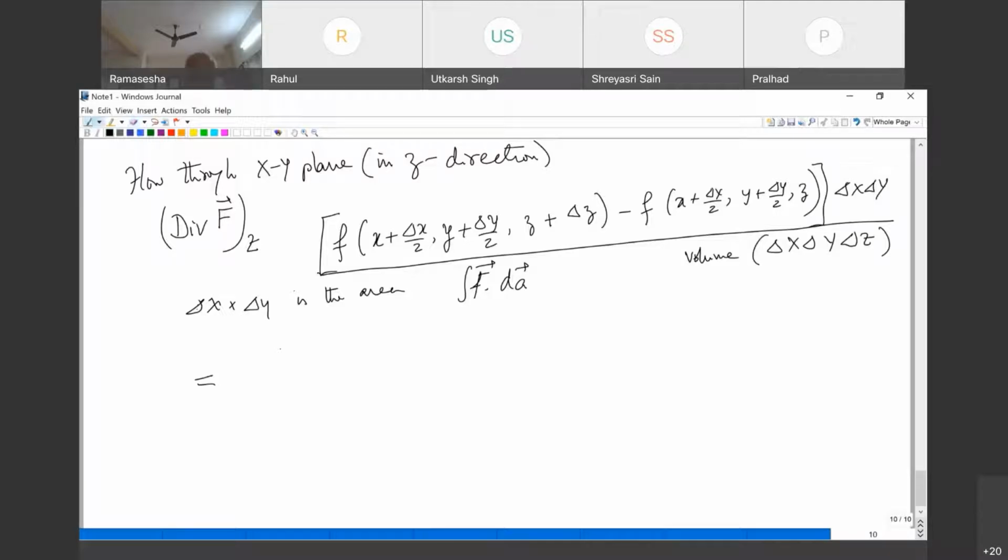For the first term, I get f_z plus del f by del x times delta x by 2, plus del f by del y times delta y by 2, plus, since I'm looking at the z component, I have to take f_z, because the variation is along f_z.